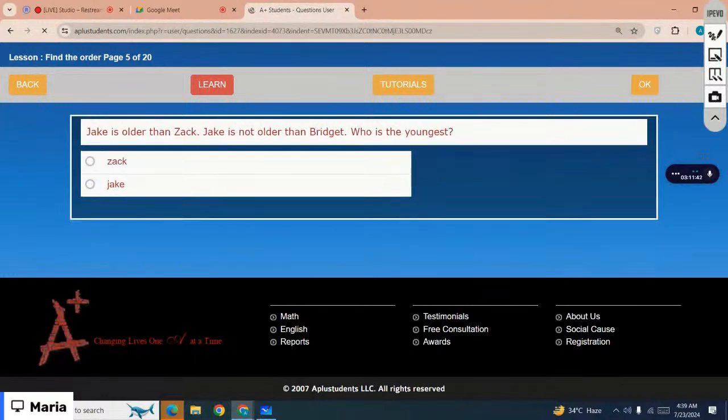Okay, the next one is Jake is older than Zach, and Jake is not older than Brigitte. Who is the youngest?